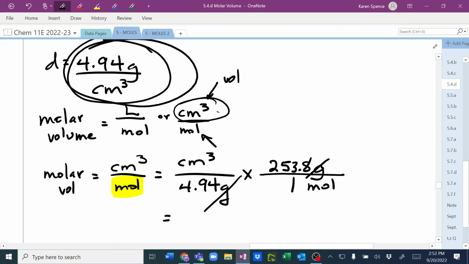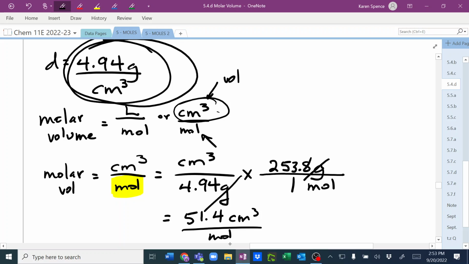And you can see we're going to now end up with centimeters cubed per mole, and that's going to be 250 divided by 4.94 equals 51.4, because I have 3 sig figs, 51.37, okay, centimeters cubed per mole. Or you could do it in milliliters per mole. Okay? Yes?